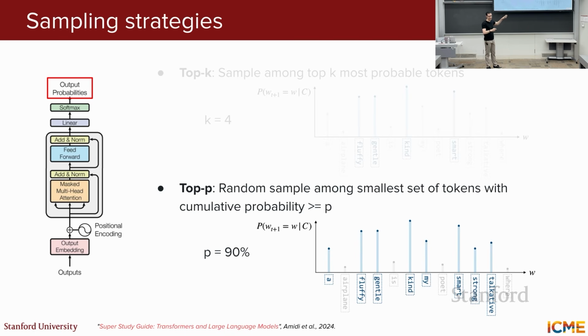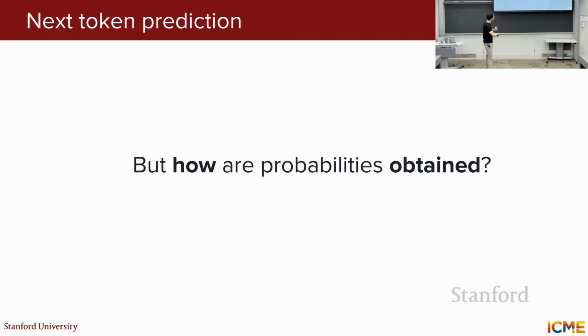And there's something else that is quite similar in idea, which is called top P. Top P is that you limit yourself to the highest probable tokens such that their cumulative probability is more than a threshold, P. So again, it will do the same thing. It will select the highest probable tokens.